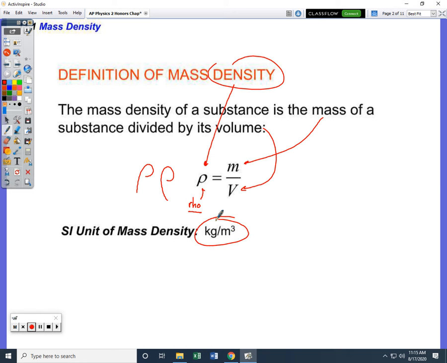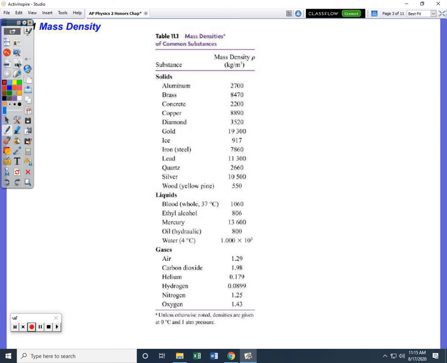That's going to be a little bit different because you probably learned it in grams per cubic centimeter in a chemistry class. So if you look at most common things in this particular table, for example, everything's going to be a little bit larger than you're used to. For example, water. If you ask most people, what's the density of water? They'll say it's 1. They are remembering that it was 1 gram per cubic centimeter.